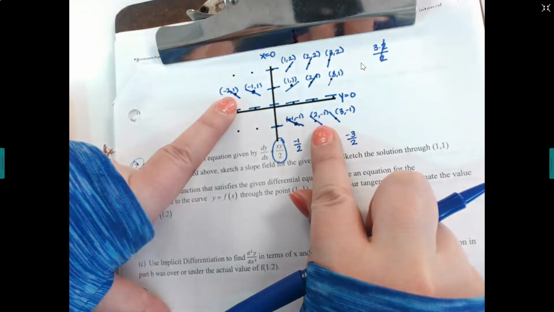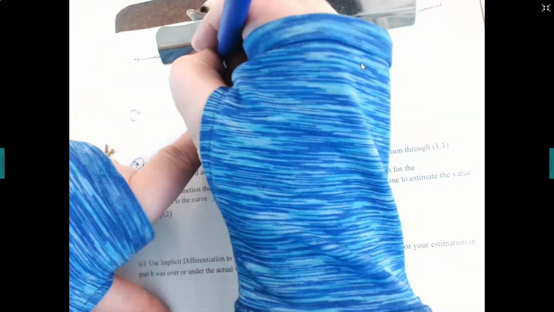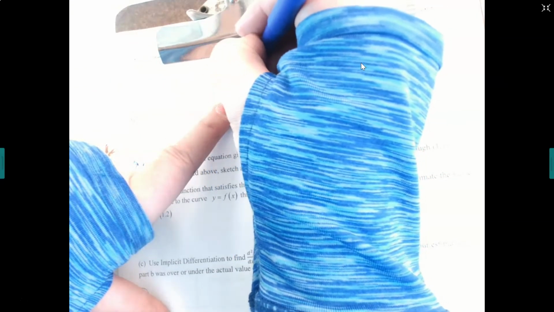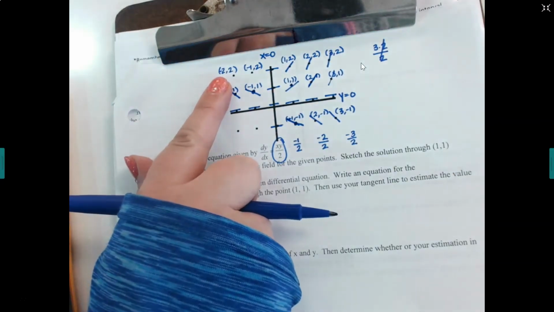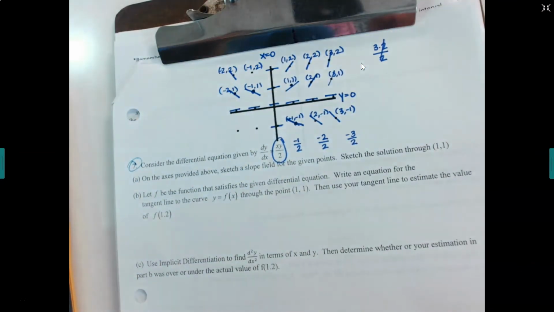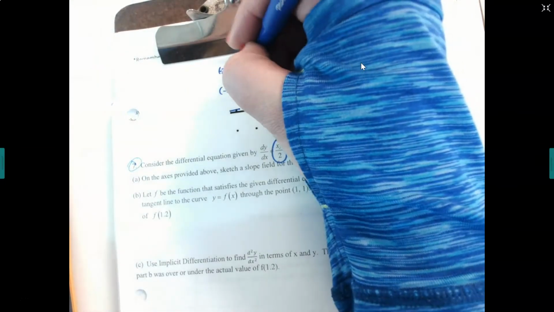So these two should be about the same. Then I'll come up here to (-2, 2) and (-1, 2). Multiply together, -2 times 2 is -4, divided by 2 is -2. -1 times 2 is -2, divided by 2 is -1. So these two should match perfectly.